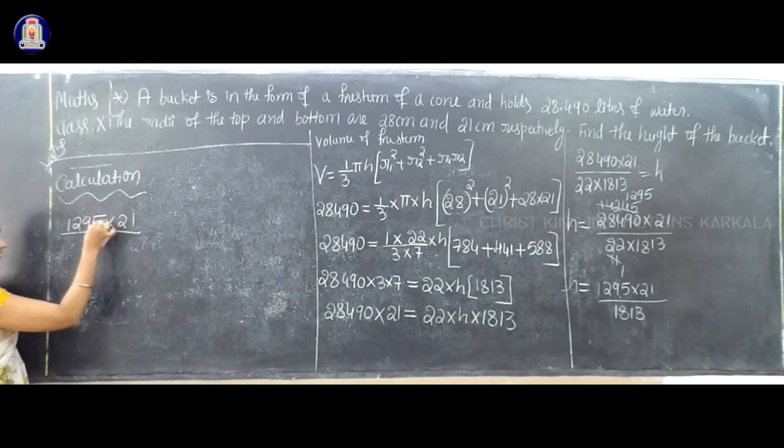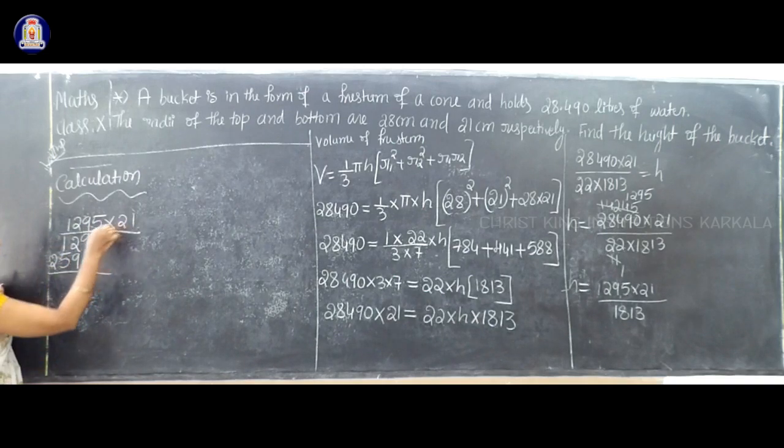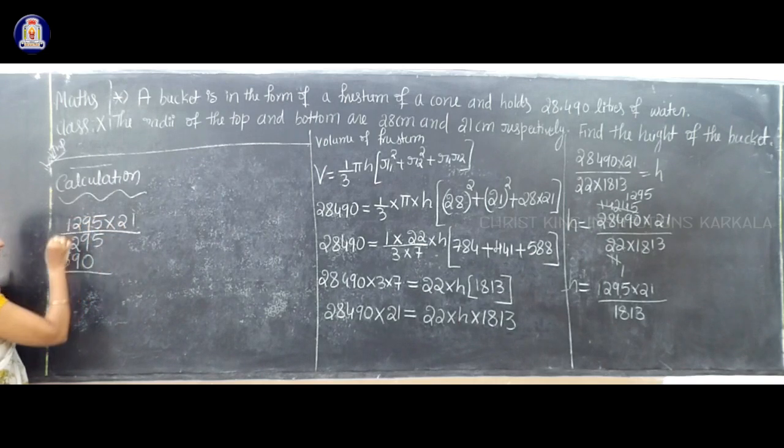So how much here? It is 5. It is 9. Next 2. Next 1. So 2 5s are 10, 1 remainder. 2 9s are 18 plus 1, 19. Next 2 2s are 4 plus 1, 5. 2 1s are 2. Is it right? 1 5s are 5. 1 9s are 9. 1 2s are 2. 1 1s are 1.